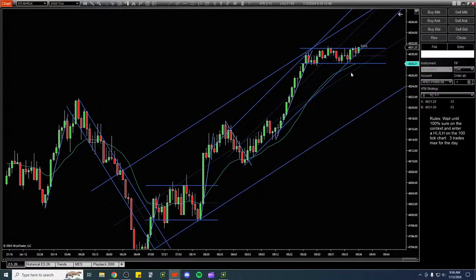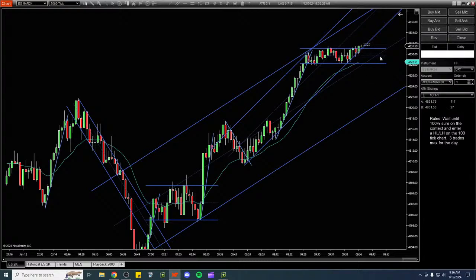Looks like we might push up and through. So we're pushing up and through, possibly this trend line pushing prices up.